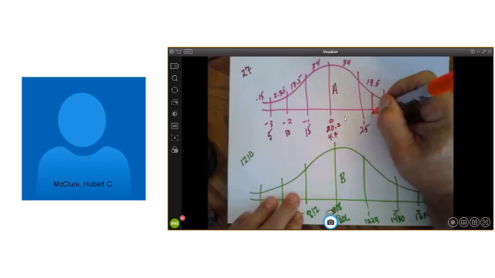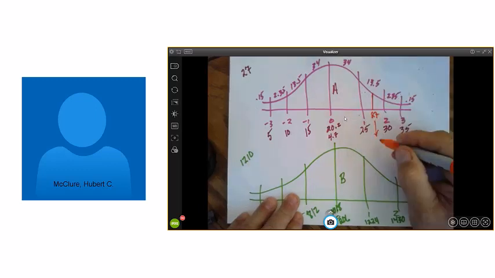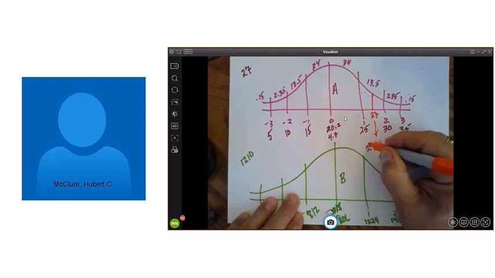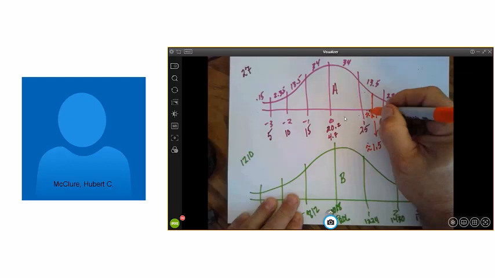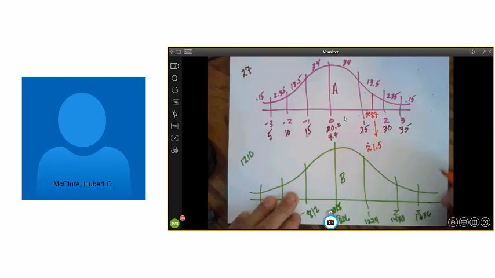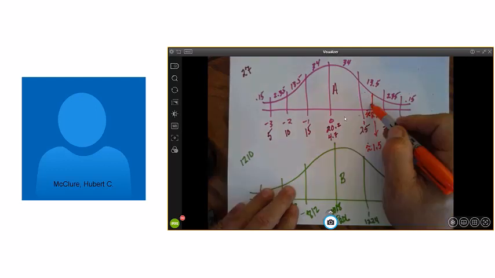So 27 is also a z-score around 1.5. As far as graphing, I just graphed it right there. All right, so that don't look orange, but it is orange.